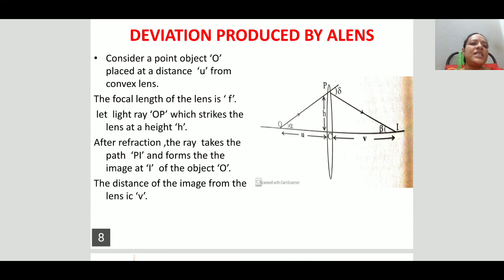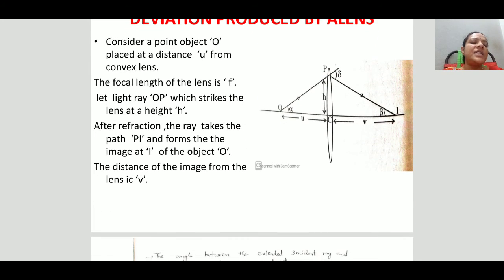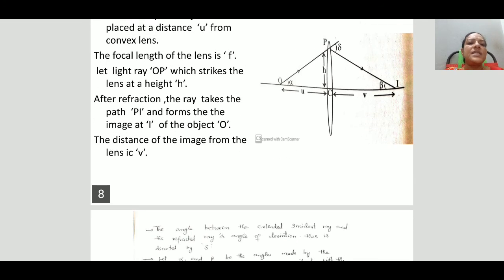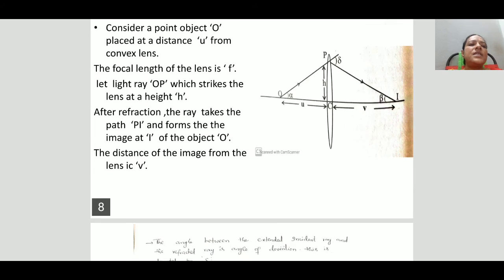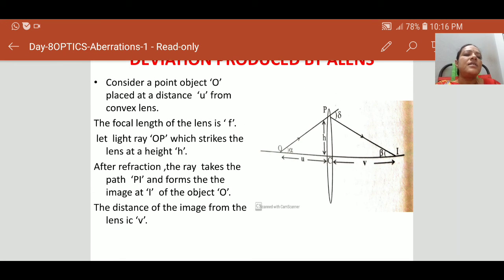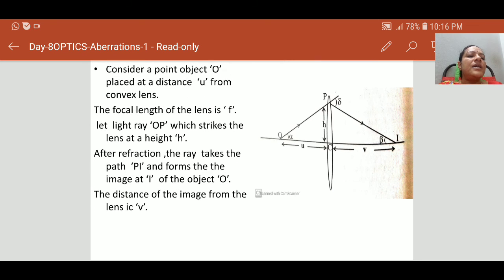Similarly, we discussed the deviation produced by a lens system. Say this is the object O, and the image is formed here at I. Here the deviation is nothing but the angle between the actual path of the light ray and the refracted ray, known as the deviation, delta.